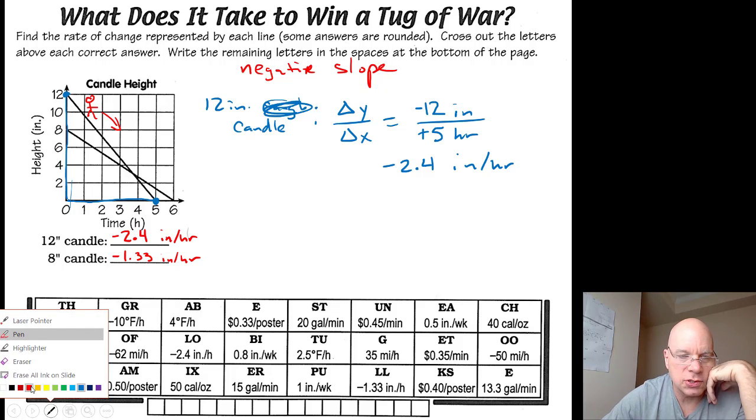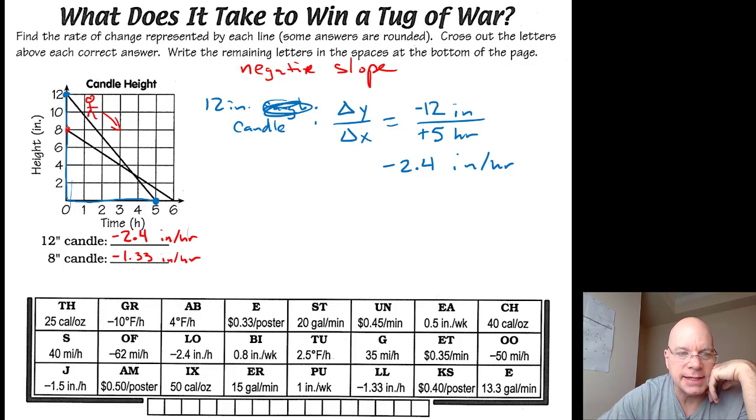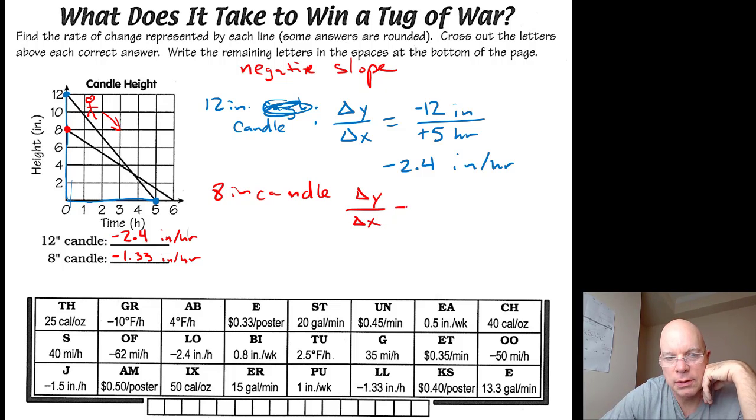The candle that starts with a height of 8 inches, that's a good point to use. Rate of change for the 8-inch candle. I could start at this point, and I'm looking for another point. That's a good point right there. Why not? I mean, I could go to this point down here, but that point's good.